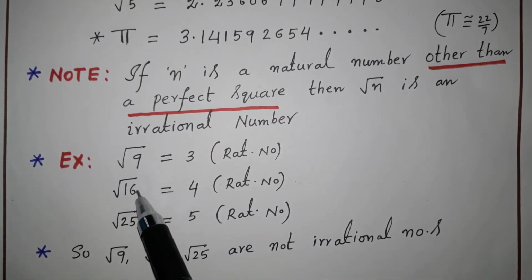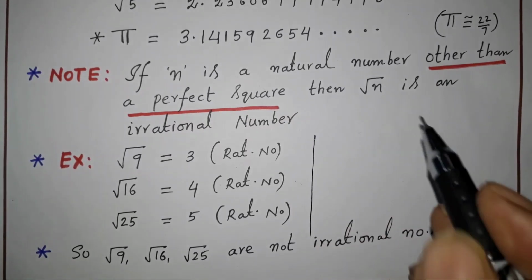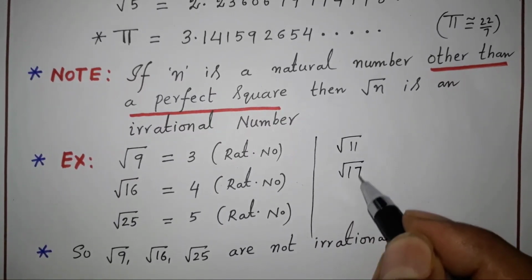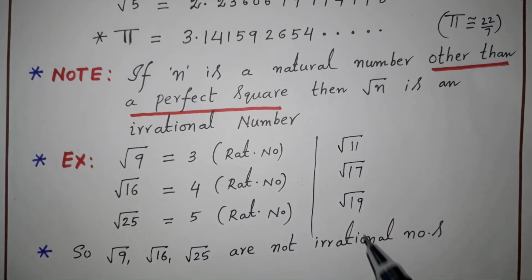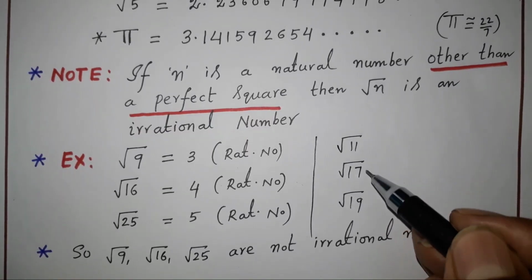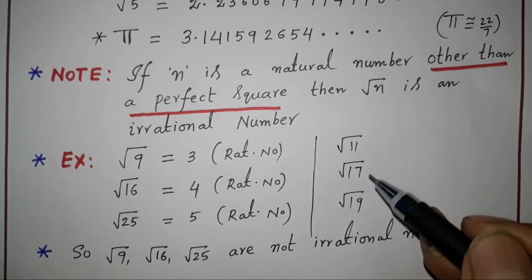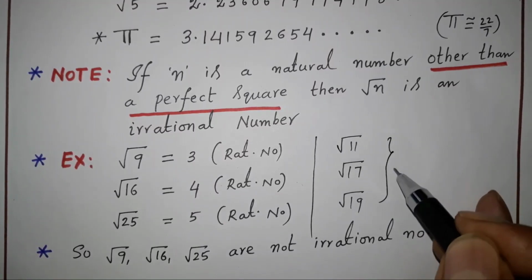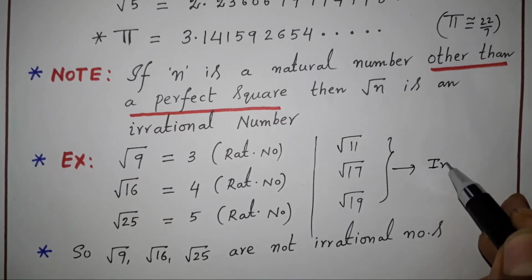So root 9, root 16, root 25 are rational, not irrational numbers. For example, root 11, root 17, root 19. Observe, these are all not perfect squares. So root 11, root 17, root 19 are all said to be irrational numbers.